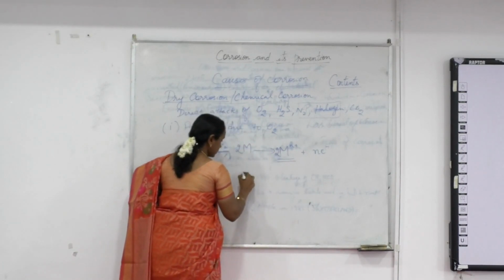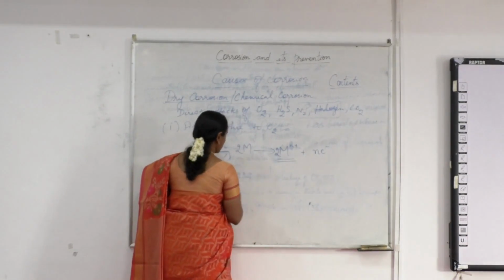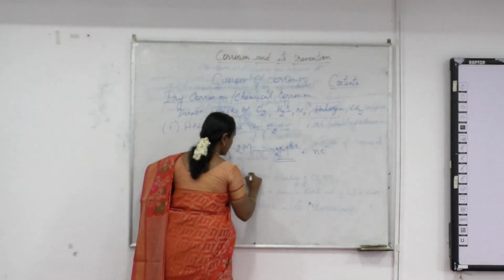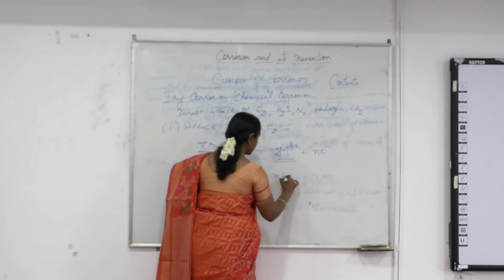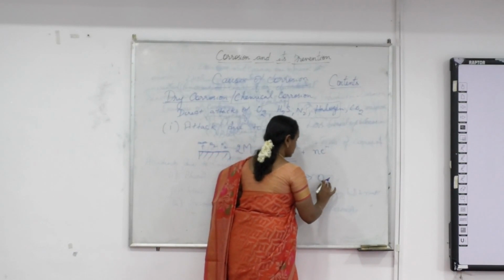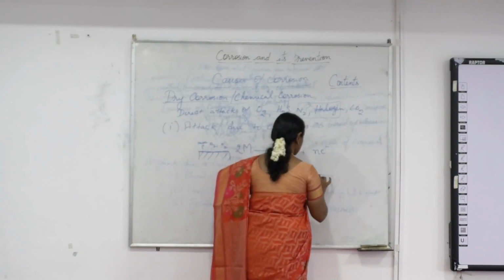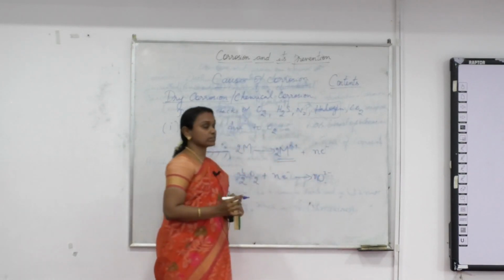Now the oxygen present in the atmosphere will take up these electrons and form oxide ion.